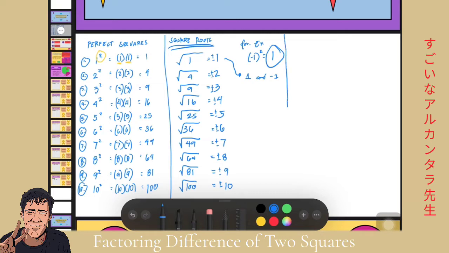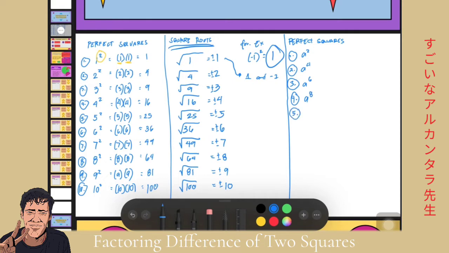To continue, we can also have square roots or perfect squares in relation to variables. So let's have here, for example, a squared, a raised to 4. Number 3, we can have a raised to 6. For 4, we can have a raised to 8.